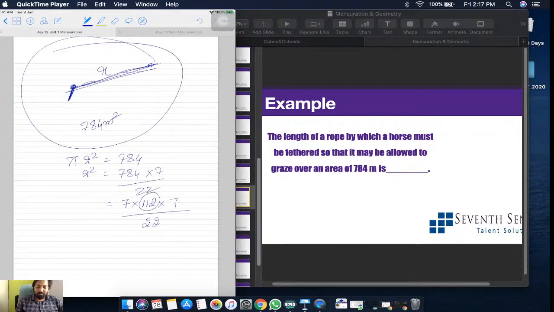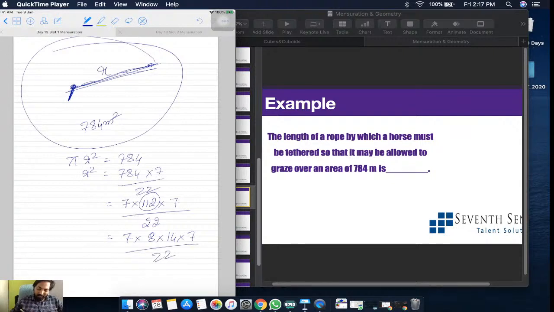What is 112? 8 into 14. 7 into 8 into 14 into 7 divided by 22.